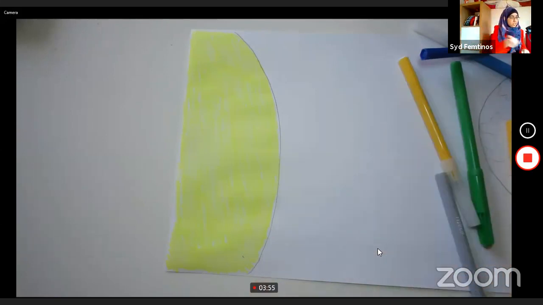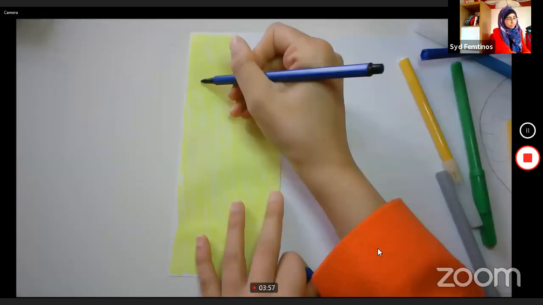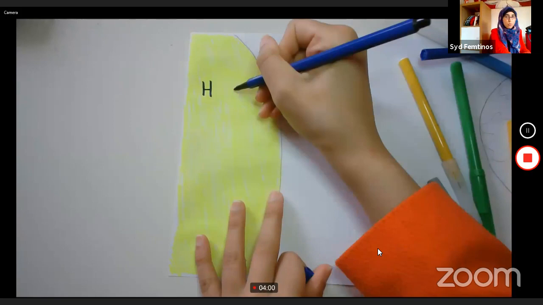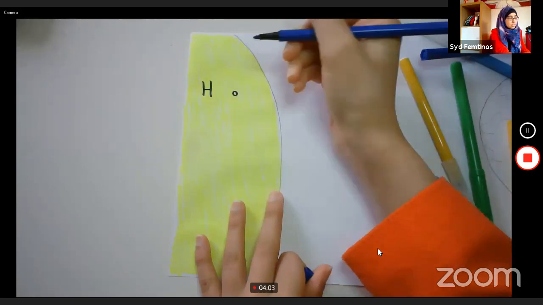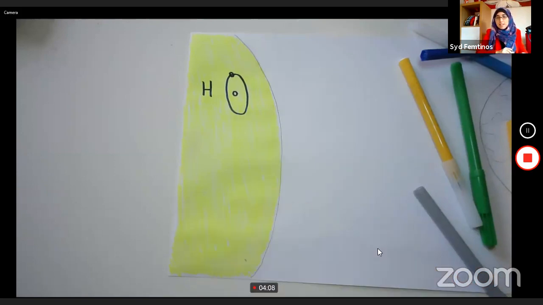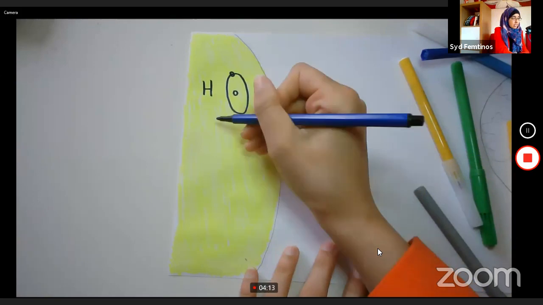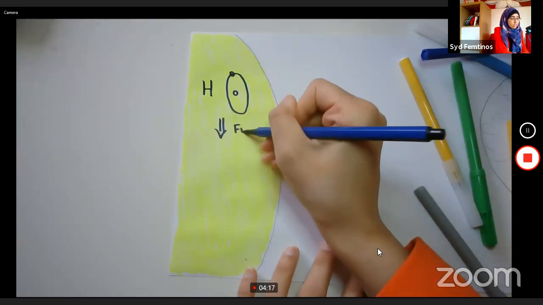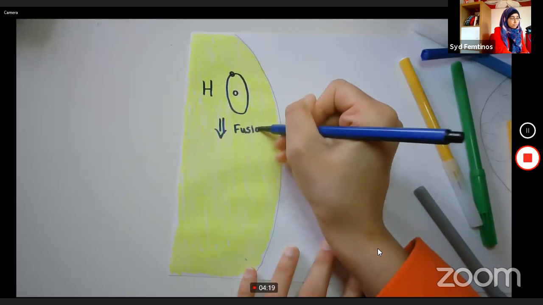Let's use a blue. So in here, we have hydrogen. So this is how we write hydrogen. Hydrogen is one proton whizzing around one electron. So you'll see that this looks familiar from our Big Bang Theory session. And this is fusing. So we say the process is fusion.